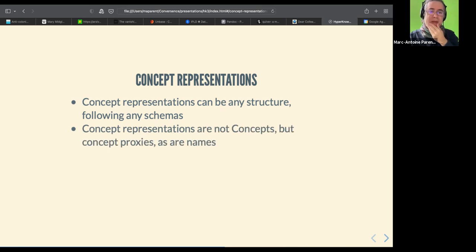Anyway, concept representations are not concepts. Concepts exist only in wetware, in the mind of the emitter and the receiver of a language act, but they're concept proxies. So as such, they're topics. They're subjects. The proper term is subject proxy and topic mapping.